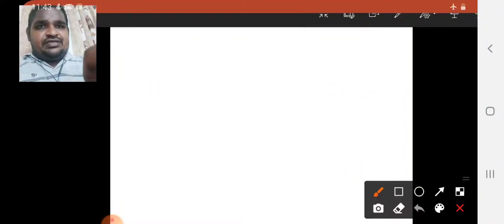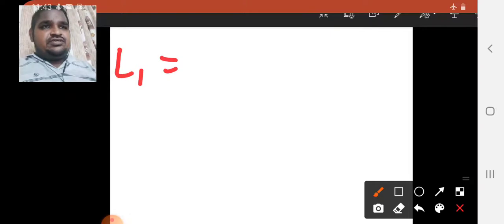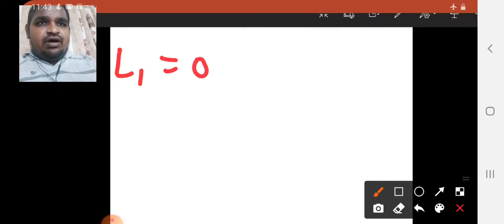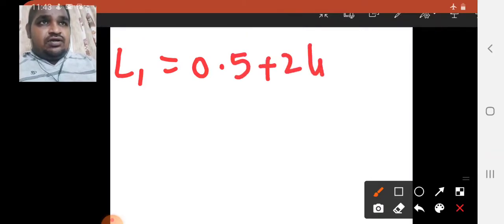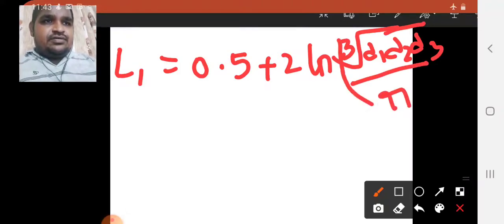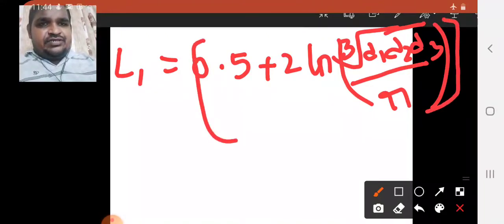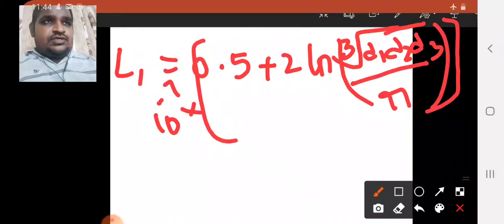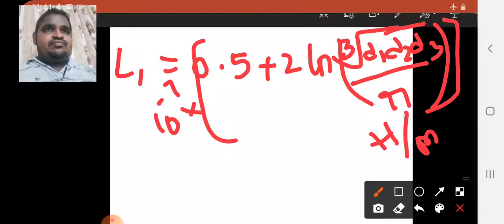If you do that, you get the inductance per line. All the j terms will be cancelled, so the inductance of each line is 0.5 plus 2 ln of the cube root of d1 d2 d3 divided by r, times 10 power minus 7 Henry per meter.